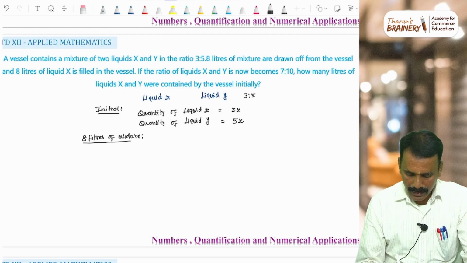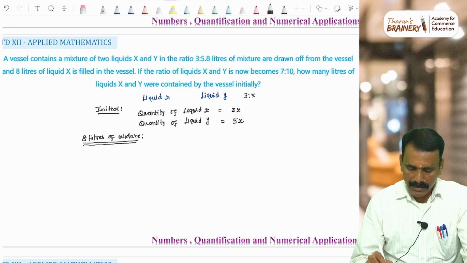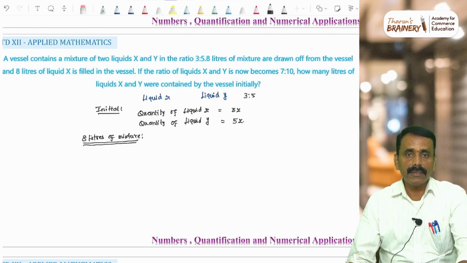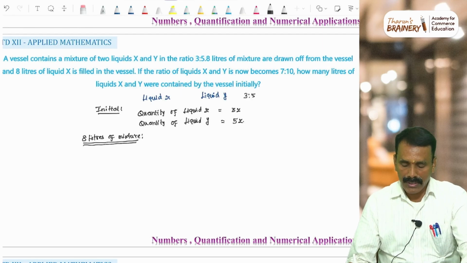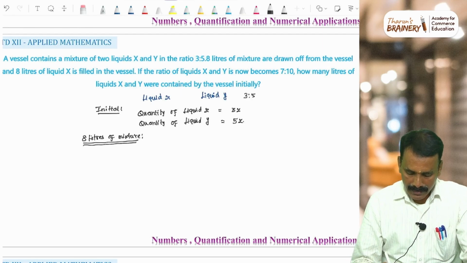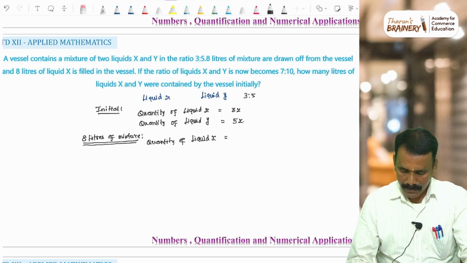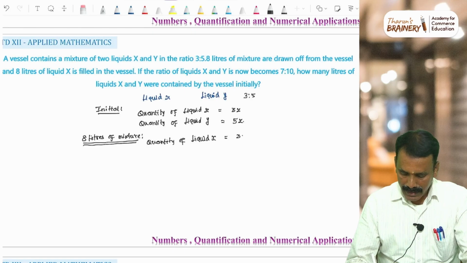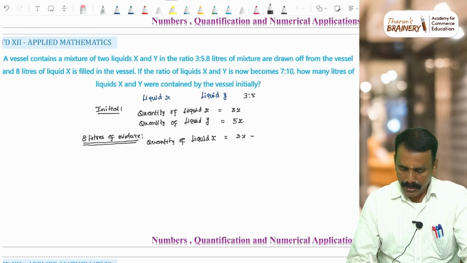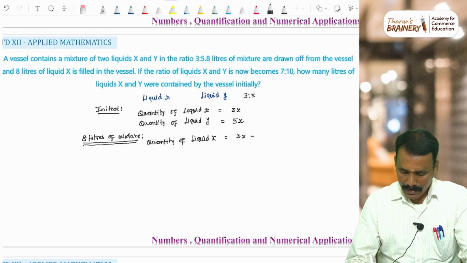After removing this 8 liters from this mixture, which is going to contain the liquid X and Y in the ratio 3:5, the quantity of liquid X will be 3x is the initial value, and we are going to remove 3.